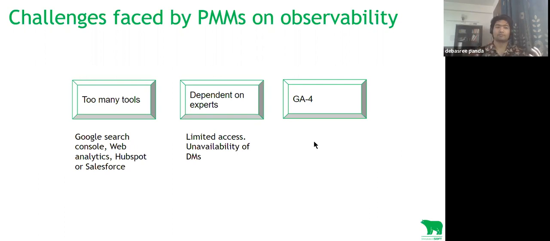People have been working with Universal Analytics for 3 years, 4 years. And suddenly, when they have to jump into GA4, it's a little complicated, and there is a learning curve attached to learning and fetching all the reports. So those are the three important challenges.